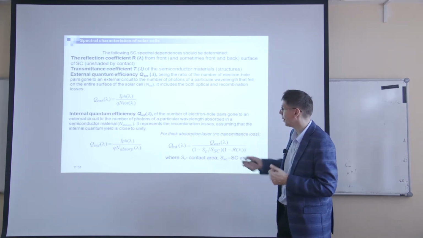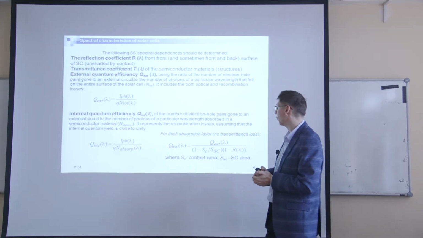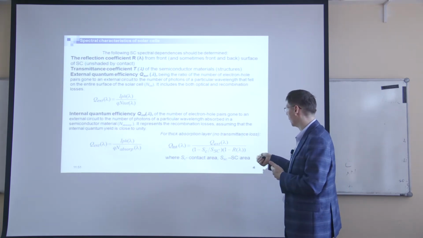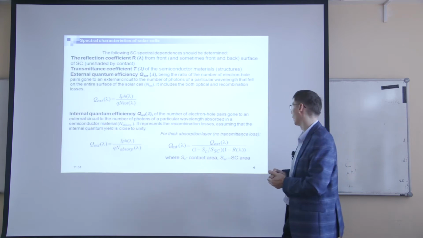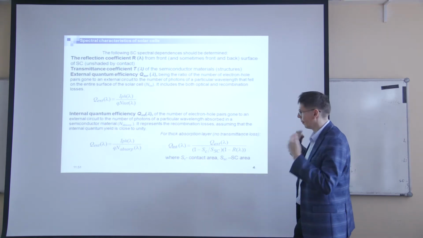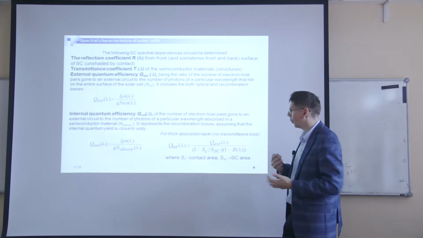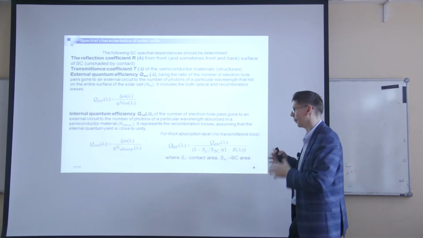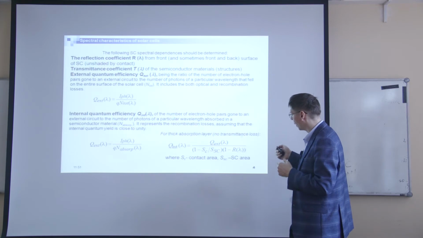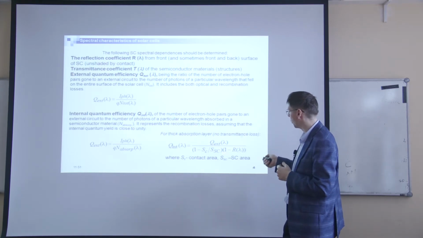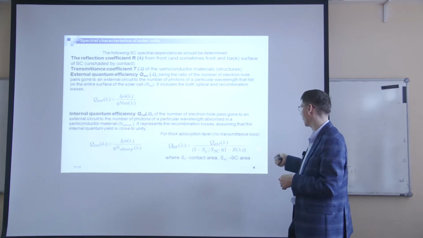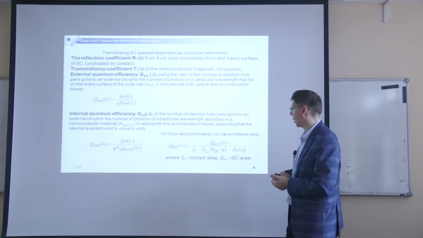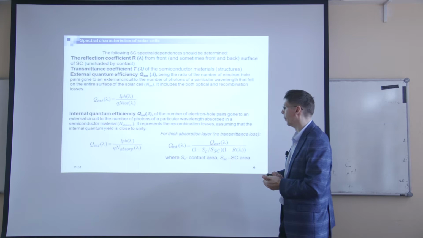So you can simply calculate the internal quantum efficiency from the external one by measuring the reflection. And if you want to be very accurate, you can also take into account the transparency. You divide by 1 minus the transmittance, and then you get the value of the internal quantum efficiency.